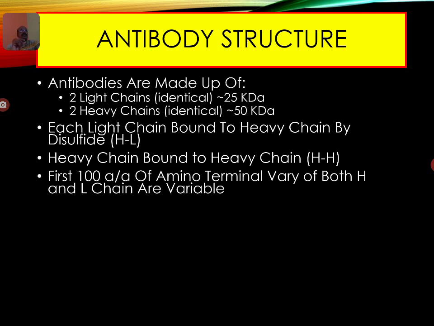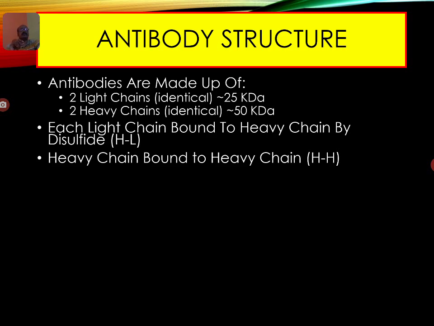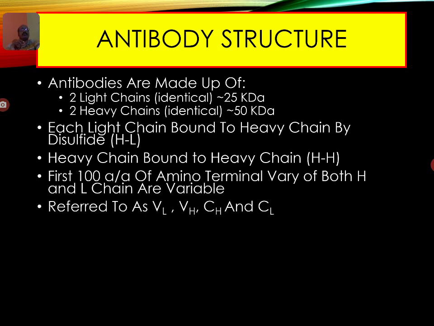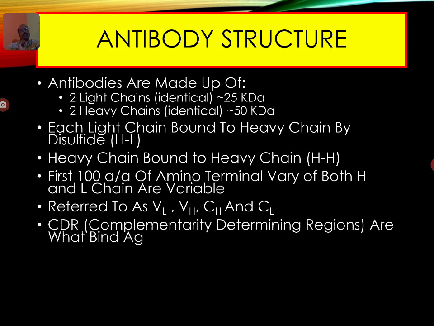But in the others, it is called the constant region. We can refer to variable region light and variable region heavy, and in the same way, constant region heavy and constant region light.